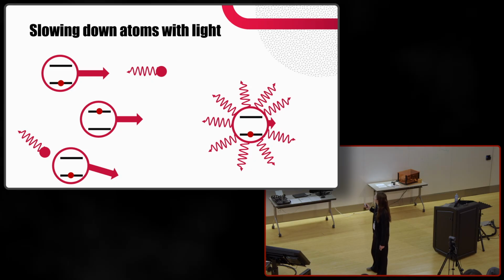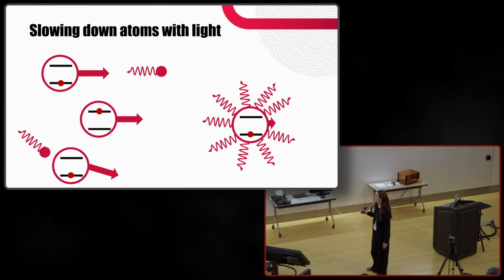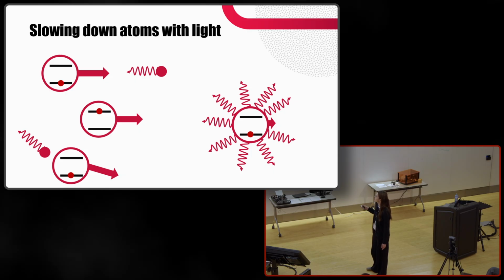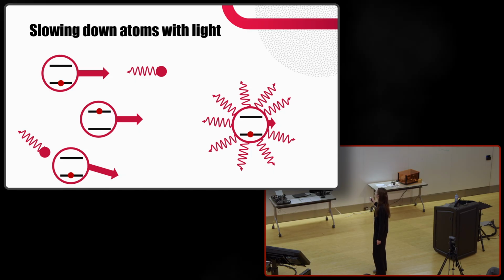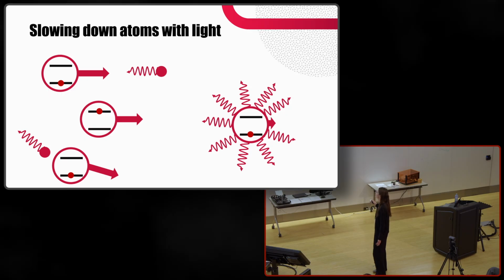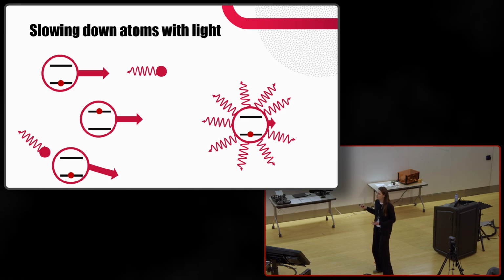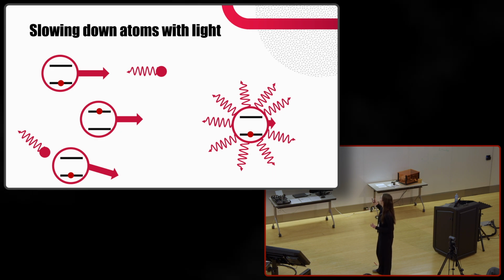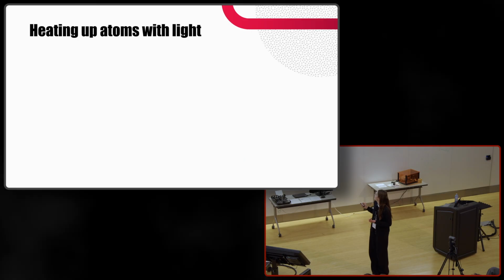If we average over all these random momentum kicks due to emission, and the direct kicks from one direction due to absorption, we will end up with an average zero contribution from the emission and a positive contribution towards cooling, towards slowing down, from the absorption, which happens only from one direction.